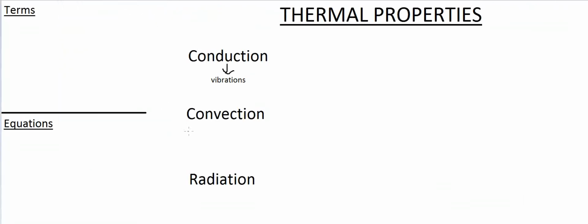Right, so next I'll be moving on to convection.